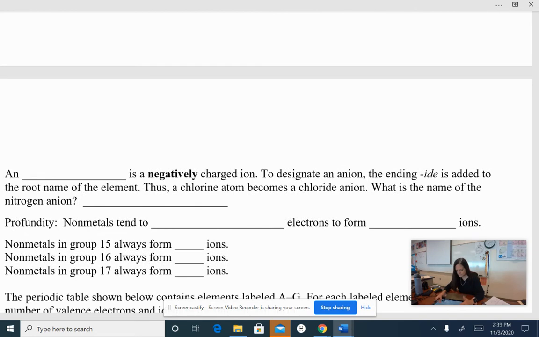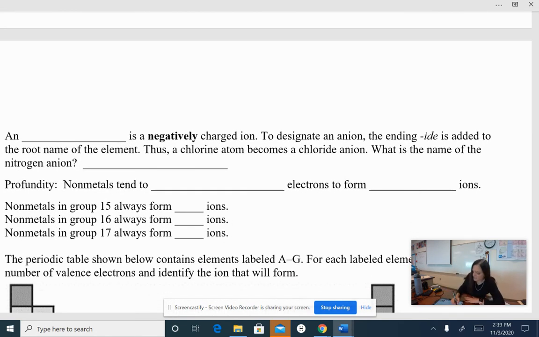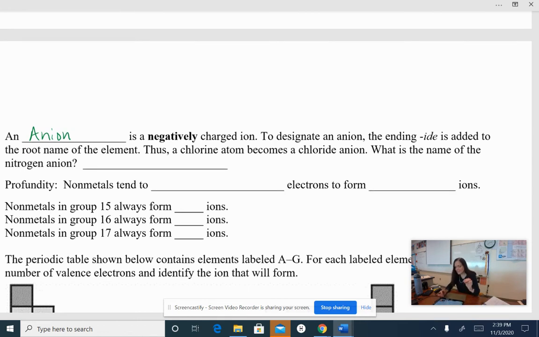So an anion is a negatively charged ion. So think about cation being positive. Cathode is the positive end of a battery, and anode is the negative end of a battery. An means negative. Anion is a negative ion.